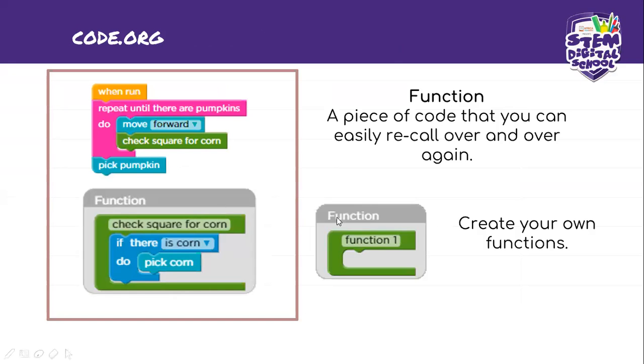And then here we go. It's just how we use our functions. We can check and create our own. And here we see create your own function. We just rename it, and once you've created it, it looks like this one over here. And then here you can see it being dragged into your code.